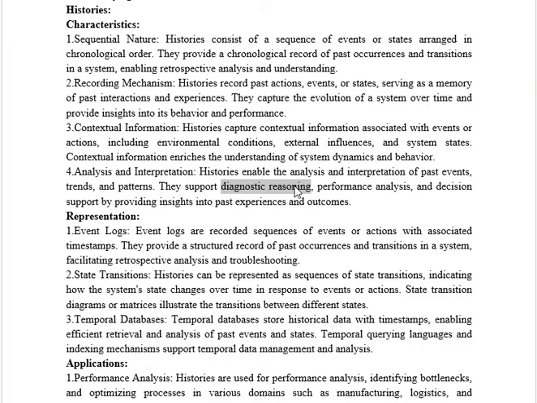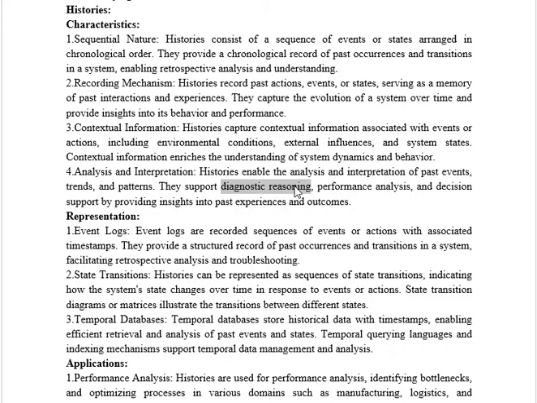Next, analysis and interpretation: we have to analyze the past events what are done and we have to interpret, so that by seeing the past outcomes and events which are completed already, we can improve our performance and we can make any decision. Even we can use this thing in the diagnosis reasoning also.